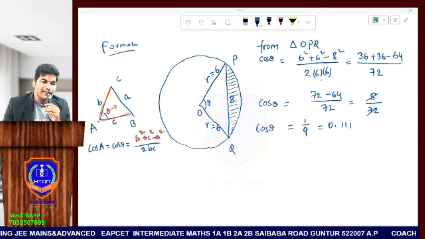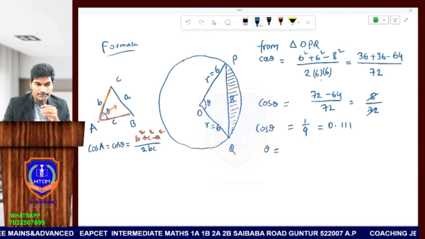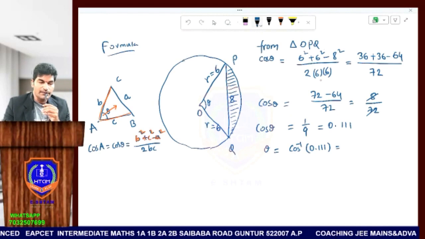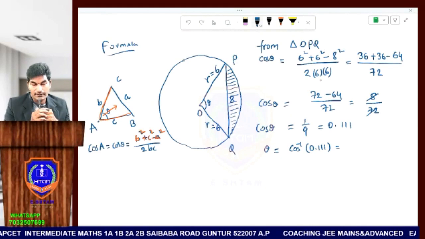And we want theta, no? Theta is equal to cos inverse of 0.1111. Take approximately 3 values. Now tell me how much is cos inverse of 0.111? Use a scientific calculator.